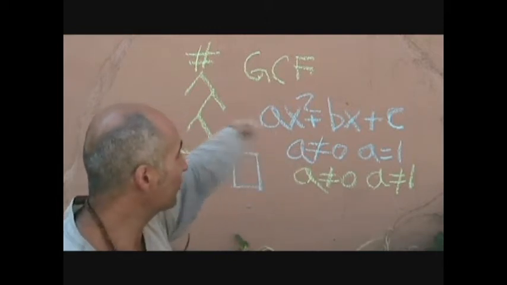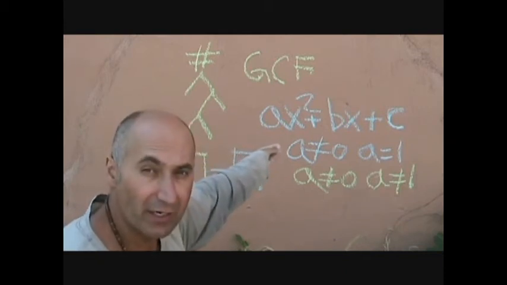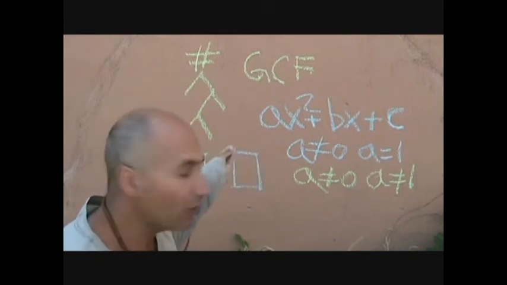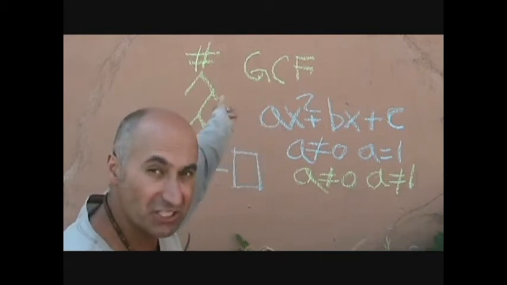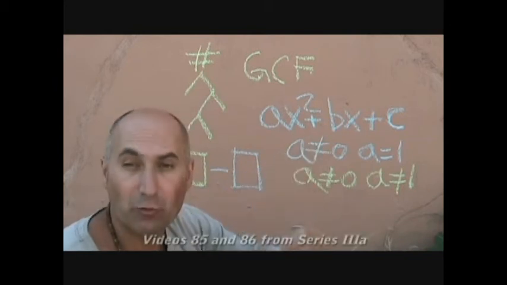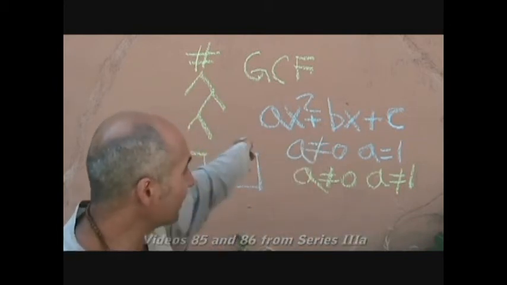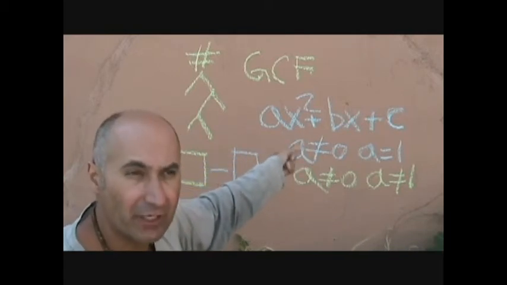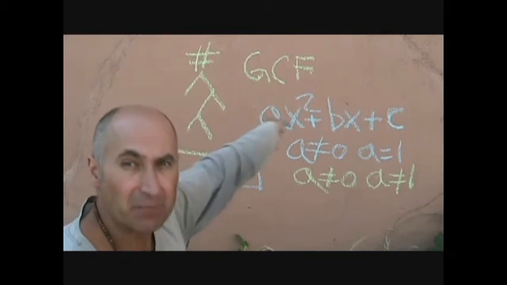Because if you can take out a greatest common factor, and you can get x squared by itself just by the GCF method, then that just becomes a simple trinomial, and we've already talked about those, right? So basically, we're going to start talking about factoring trinomials where we can't take the a out just by taking out the GCF, okay?